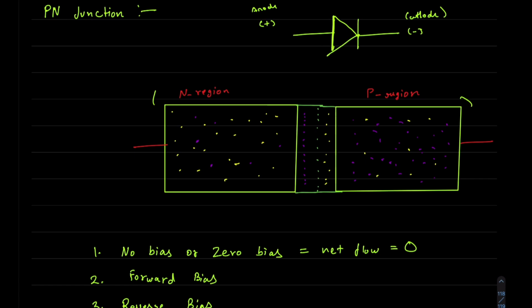So forward bias is when a diode is connected in a forward bias condition: a negative voltage is applied to the N-type material and a positive voltage is applied to the P-type material. So forward is when negative is joined to negative. This is the negative N-type region, which we have connected to the negative terminal, and the P-type region we have connected to the positive terminal.